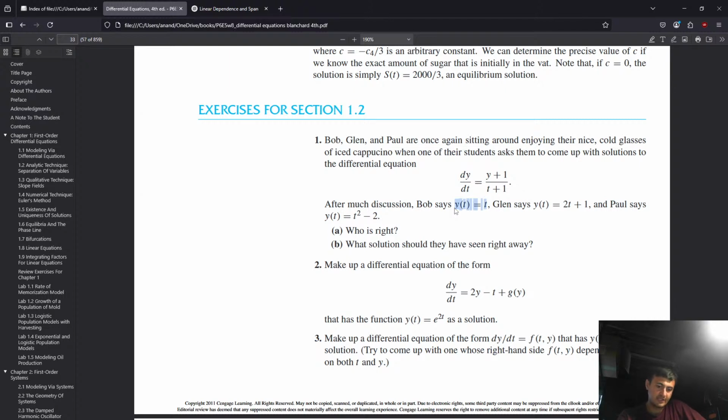So Glenn, we're going to get 2 is equal to dy/dt. And then if we plug in, we're going to get (2t plus 2) over (t plus 1) is equal to 2 times (t plus 1) over (t plus 1). So this is right actually too. Glenn is also right.